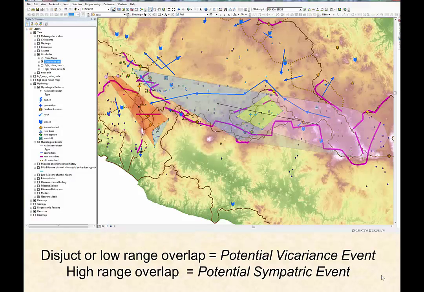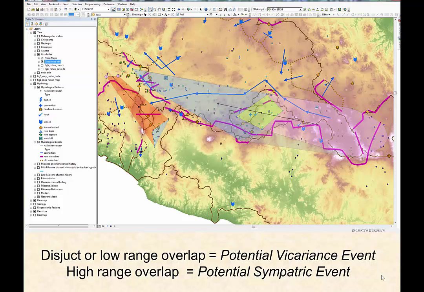This is what it looks like in reality. Two examples here, two groups, two species. This one here, the overlapping area between these two species is here. The more overlap, the more likely it is that they evolved in the same place together. These two species are separated, this orange zone is the space between those two ranges.